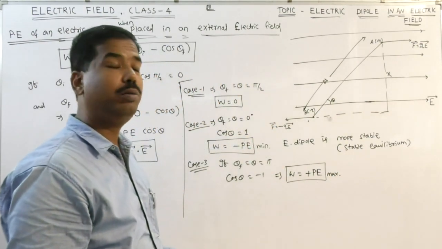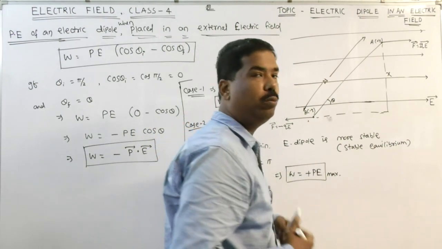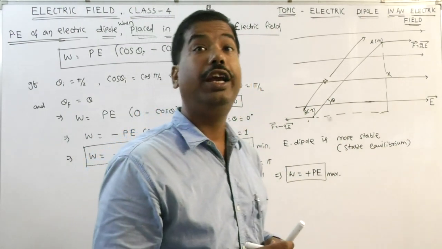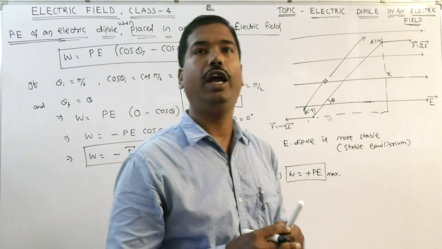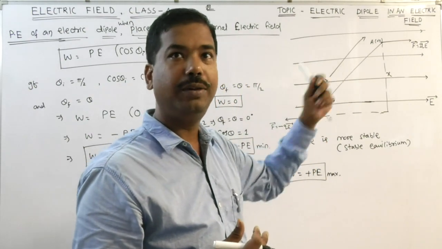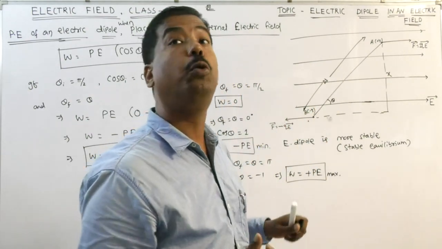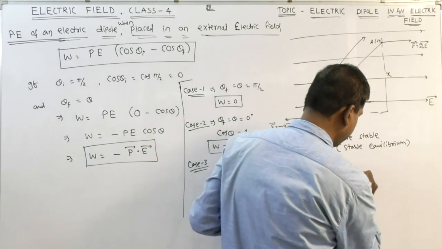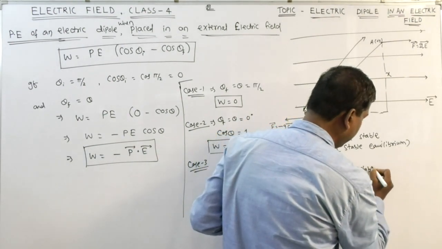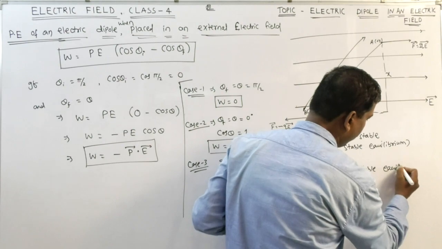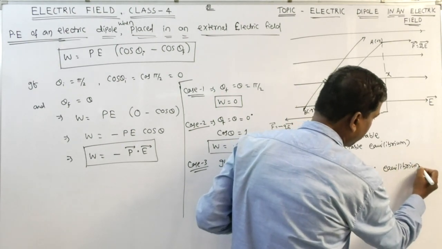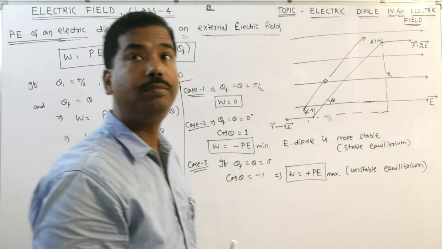That is maximum, and when a body possesses maximum potential energy, it is said to be unstable. Hence in the case of the electric dipole, it becomes most unstable. That is unstable equilibrium. Clear?